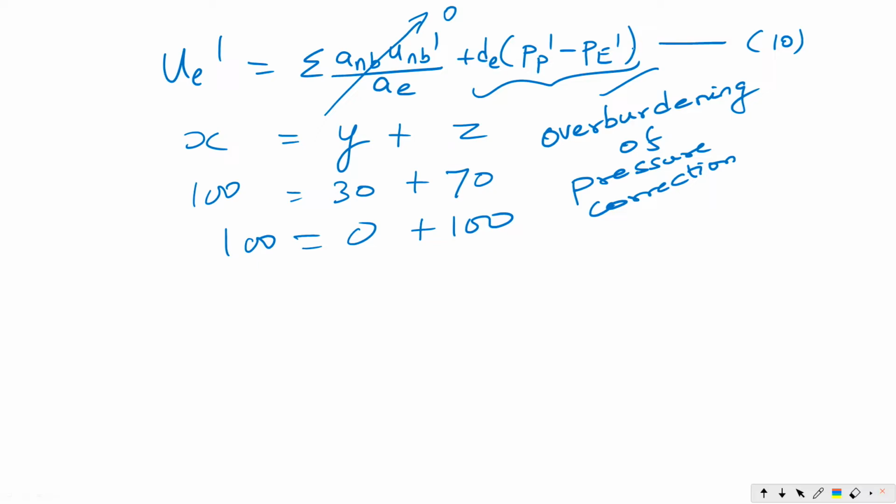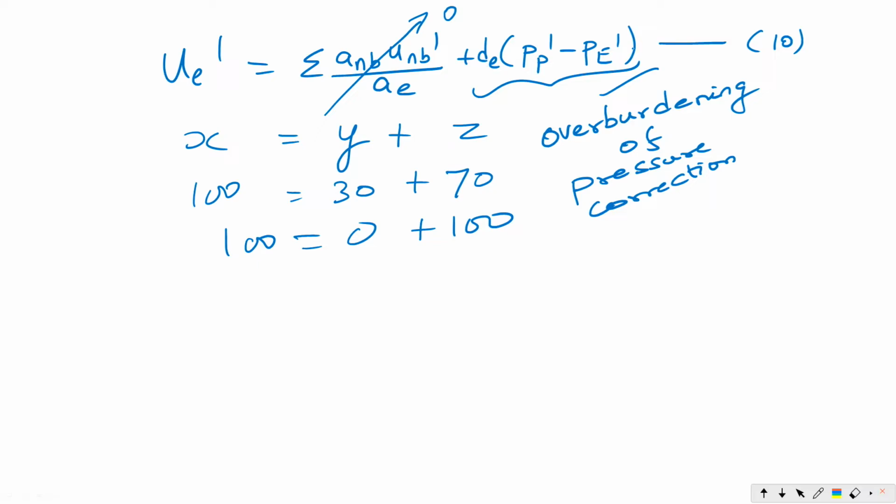So we got the physical meaning of this equation: the velocity correction at a particular control volume depends upon the velocity correction of the nearby nodes plus the pressure correction. But purposefully I am making the velocity correction of the neighboring nodes 0, so that I am loading more on the pressure correction, but still it is okay, and hence this is called overburdening of the pressure correction.